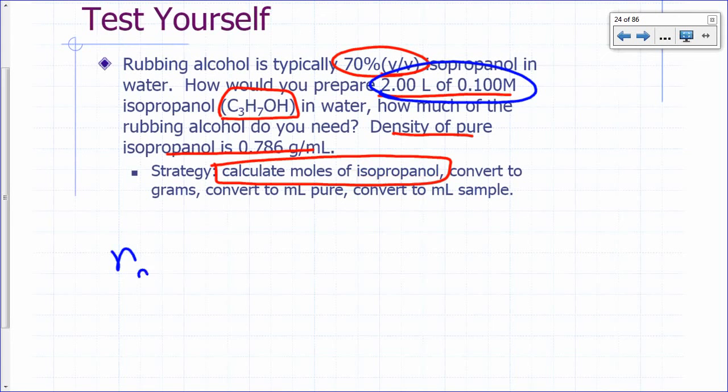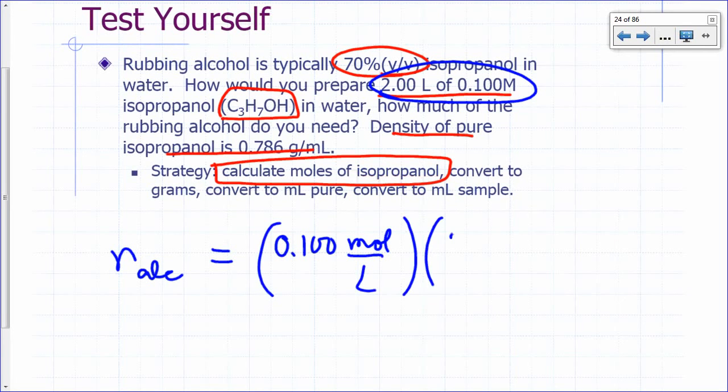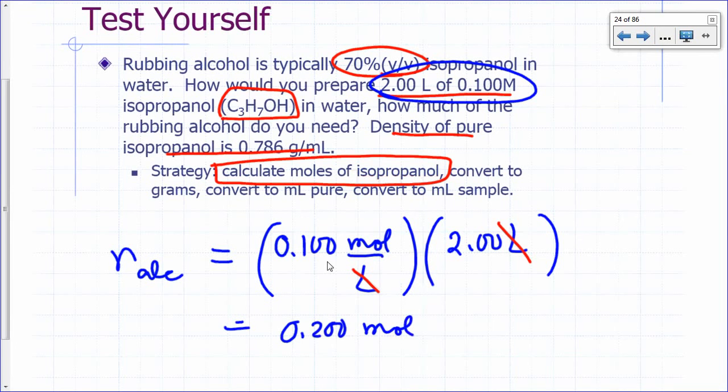Moles of alcohol equals 0.100 moles per liter of alcohol times 2.00 liters. That cancels, so that gives you 0.200 moles of alcohol.